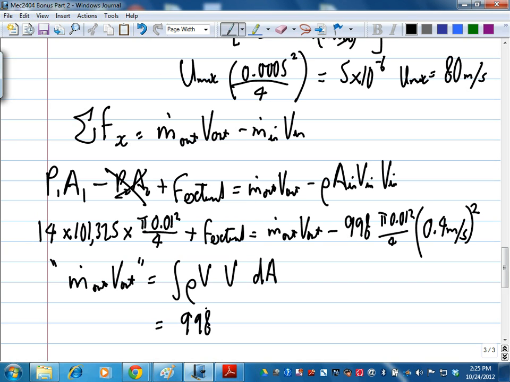That one constant can walk outside. V squared is U max squared times 1 minus r squared over R squared, squared. dA is 2 pi r dr. Integral from 0 to 0.0005. That's velocity squared.